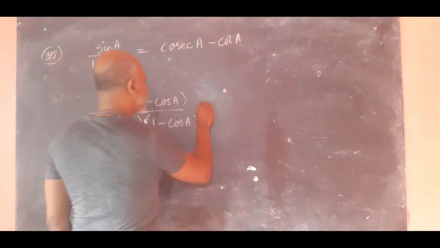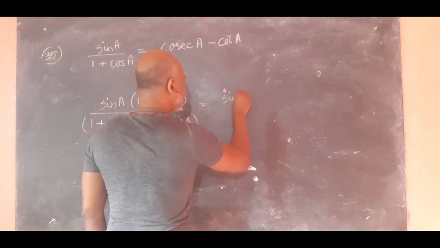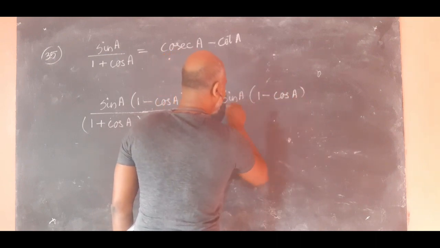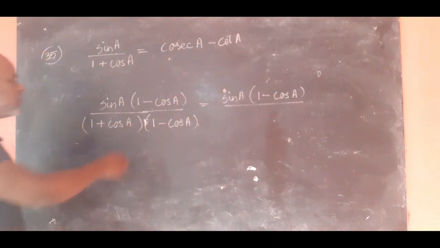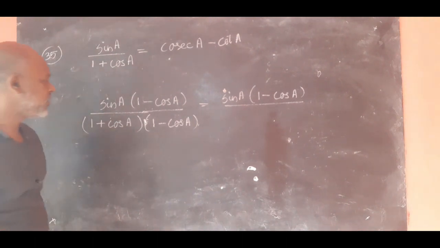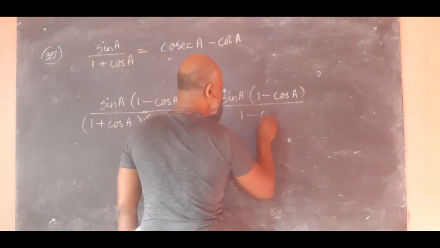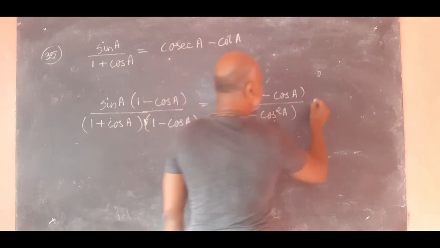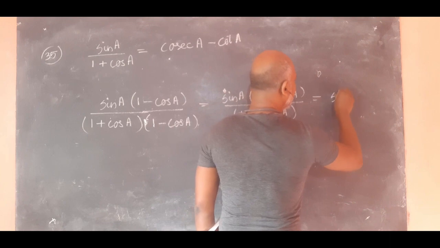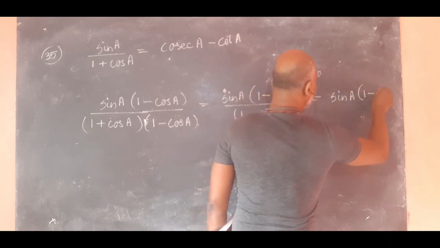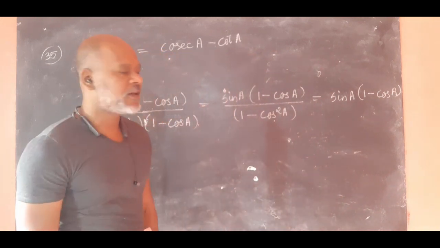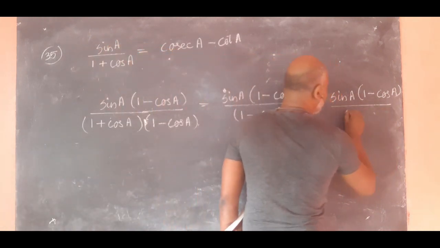Now when we solve it, we have sin A into 1 minus cos A divided by 1 plus cos A into 1 minus cos A, that will be 1 minus cos square A. And we know that 1 minus cos square A is sin square A.